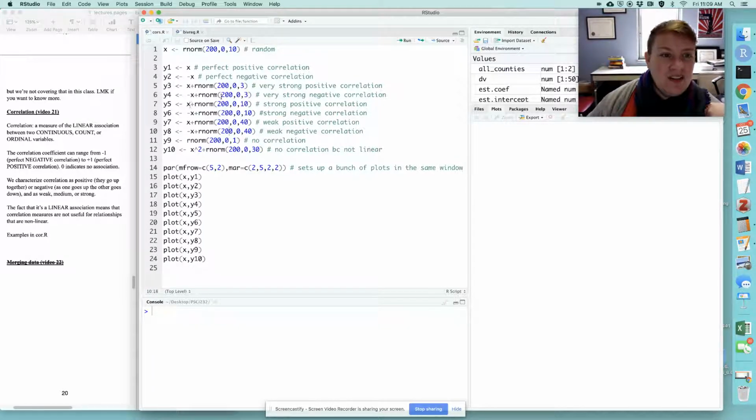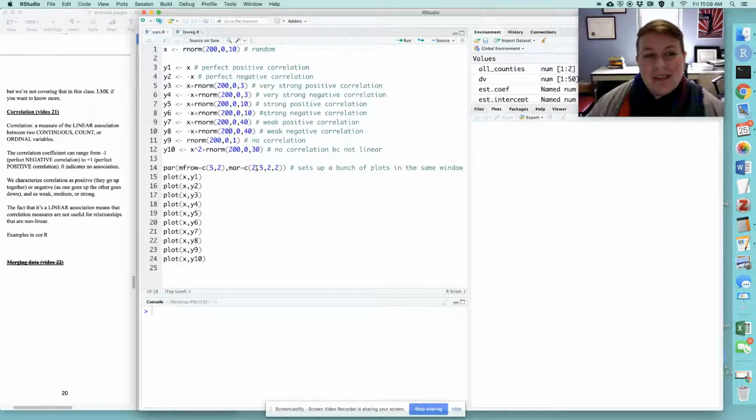There's no error term for y1 and y2. For y3 and y4, the standard deviation of the error term is 3. For y5 and y6, the standard deviation of the error term is 10. You don't really have to know that. This is just to make some graphs for you, but it's useful.